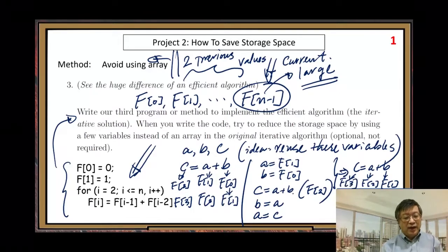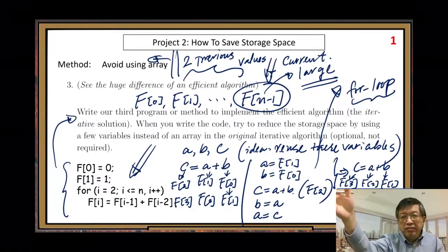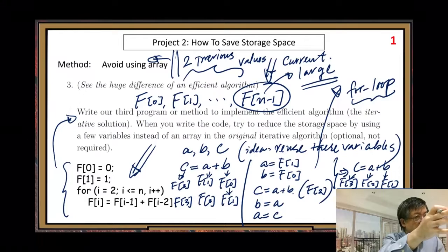Okay. So with this kind of reusable variables, but definitely you need to use a for loop. You need to organize them in a for loop. Then you can use only these three variables, A, B, C, to calculate the Fibonacci number for any given problem size.